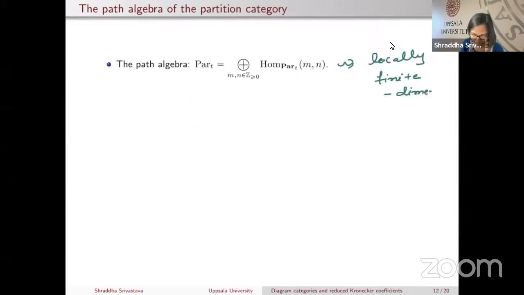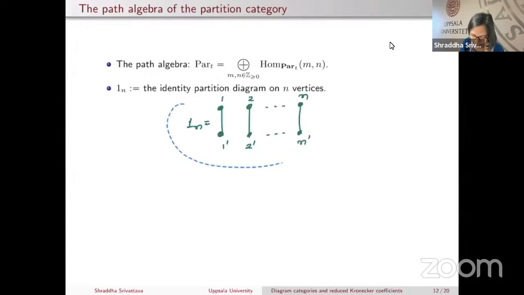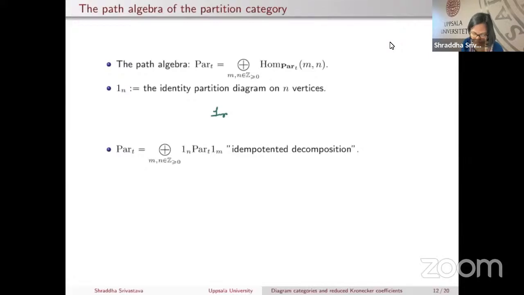One minute. It's not pasting, it seems. Okay, great. I'll just draw it in that case. Just n strands.